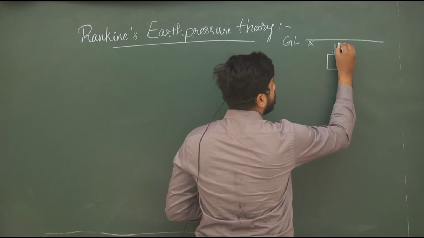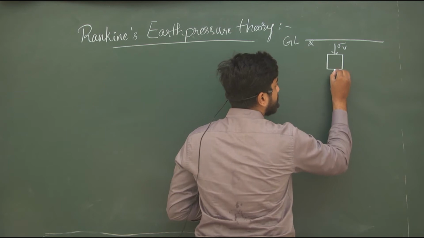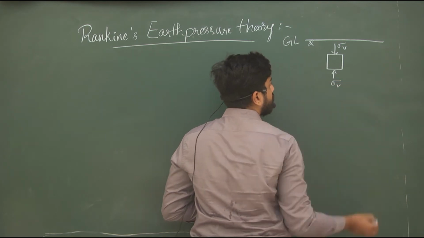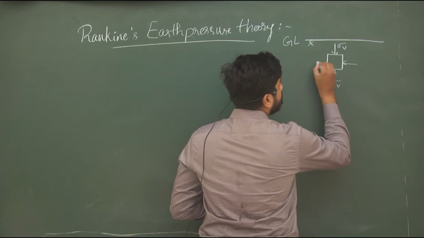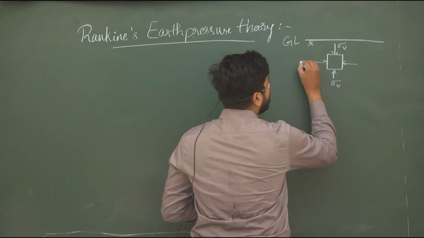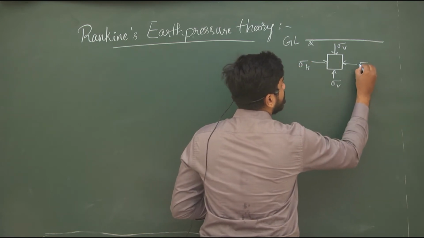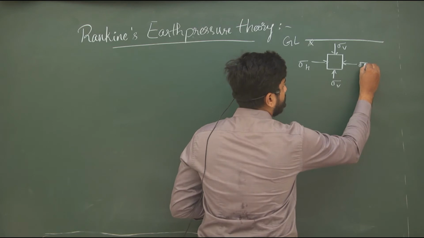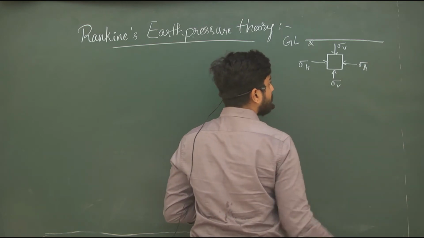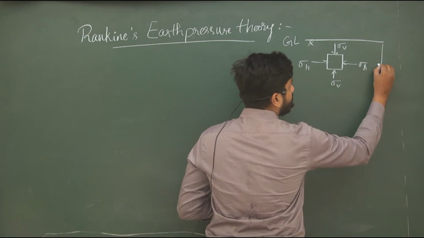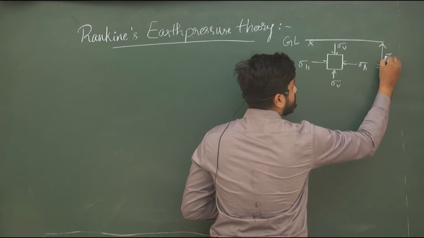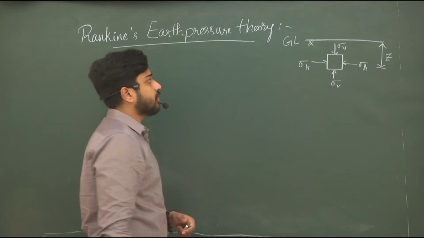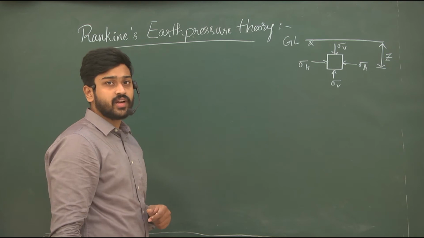Above it, sigma v is acting vertically, and the horizontal stress is represented by sigma h in the initial state. This is at a depth of z. So that is our primary condition.